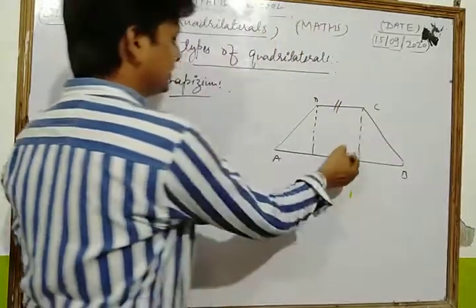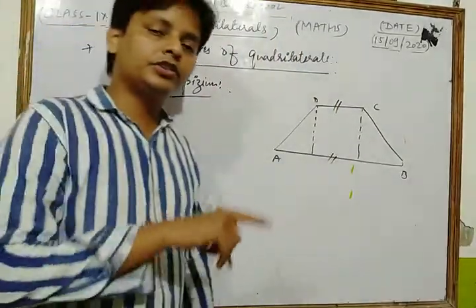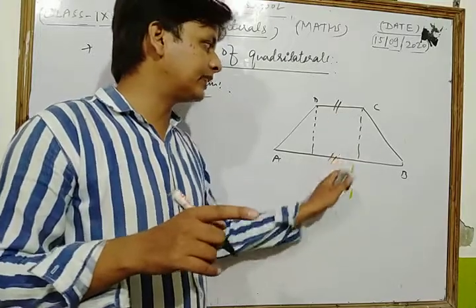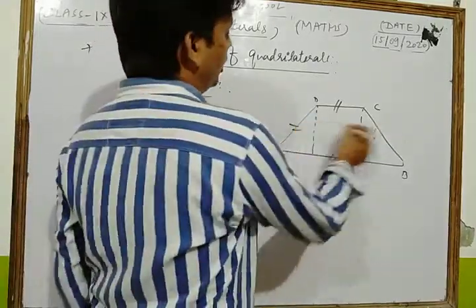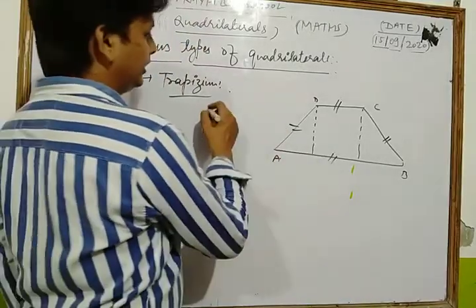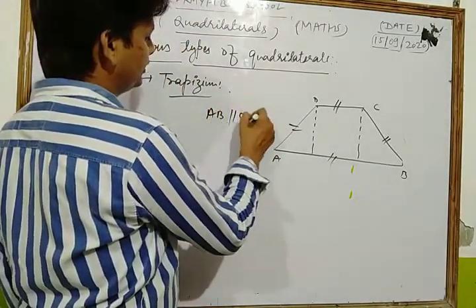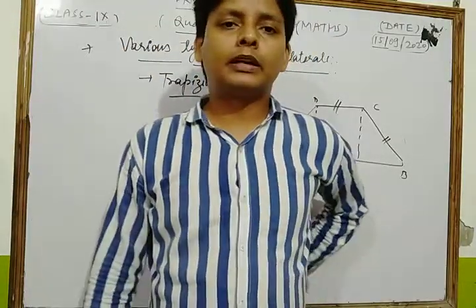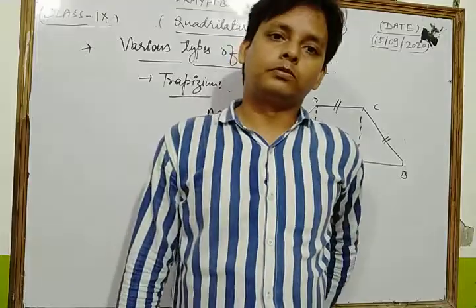Here two sides AB and CD are parallel to each other, so it has one pair of parallel sides and one pair of non-parallel sides. Here AB is parallel to CD. So a quadrilateral having one pair of parallel sides is called a trapezium.